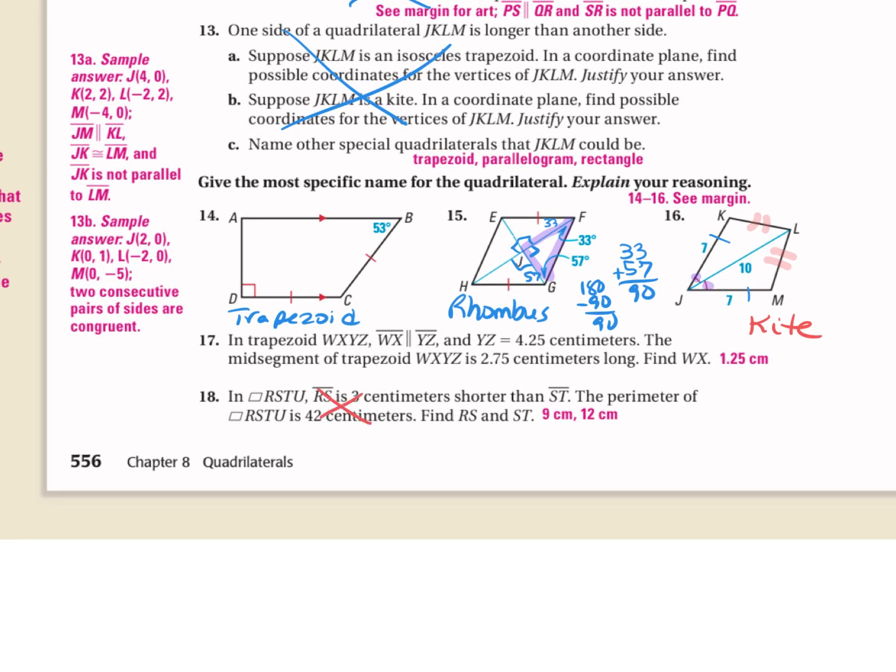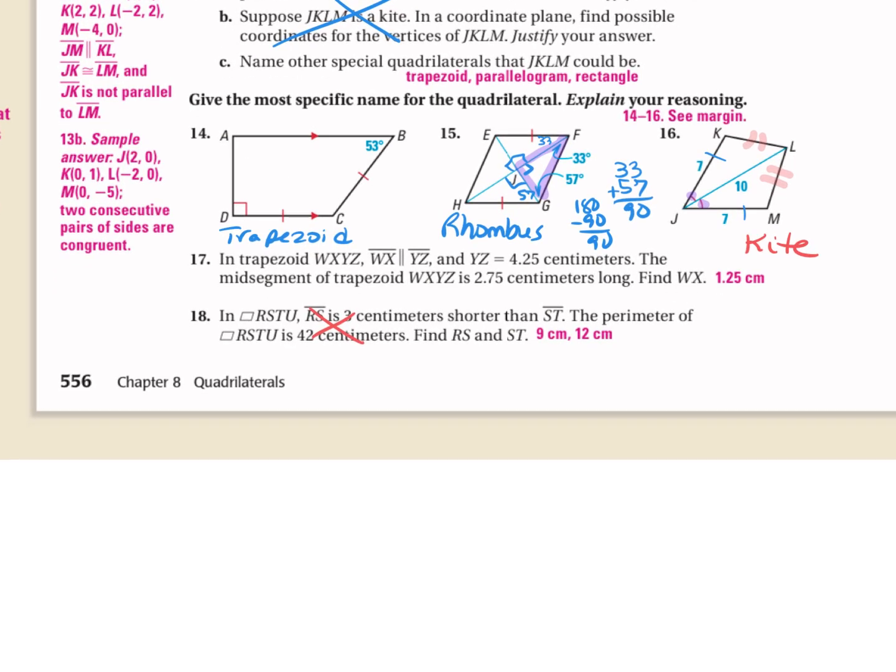All right, so here it says in trapezoid WXYZ. So let me go ahead and draw that. Whenever you're naming it, go in order. WXYZ, and it's telling you that WX is parallel to YZ. So these are the bases.